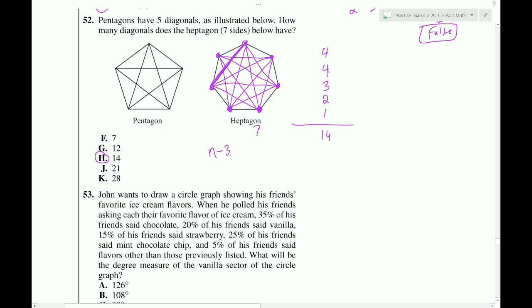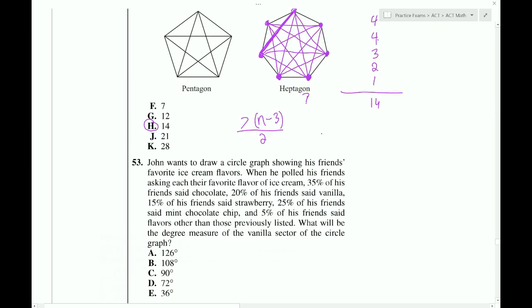So n minus 3, and if I was to do that from every single vertex, I would multiply this by 7. But then I would be double counting each line, so I'd have to then divide that by 2. And I think this formula might work. So let's check it. This won't generally be 7, it'll in general be n.